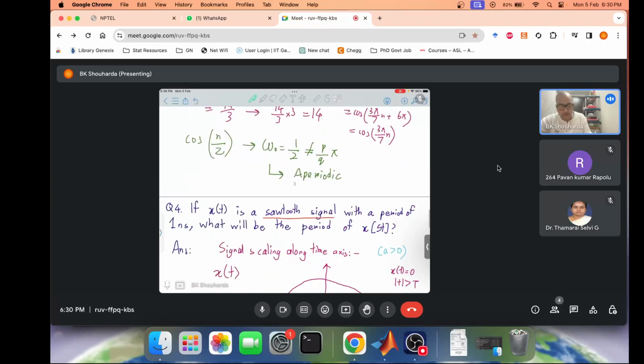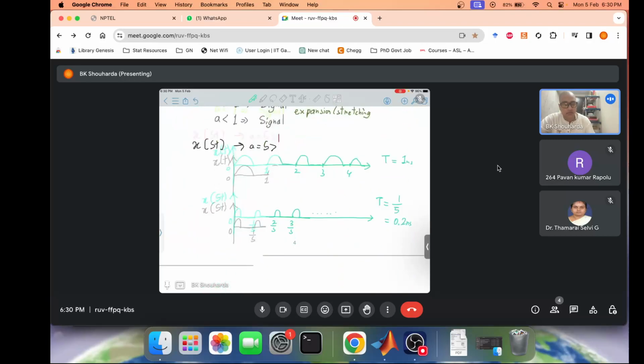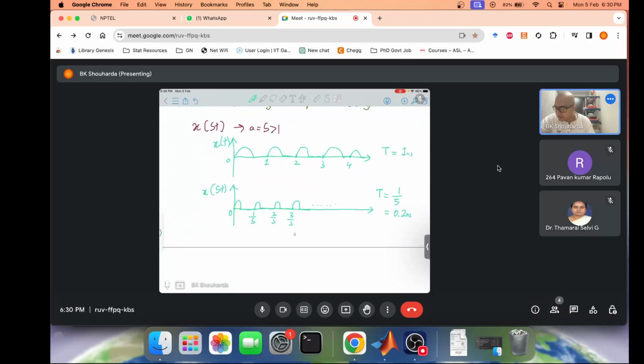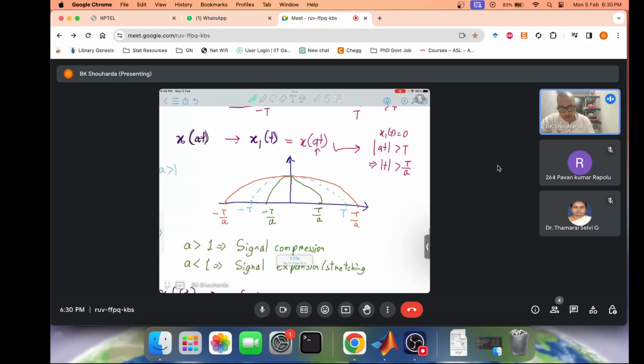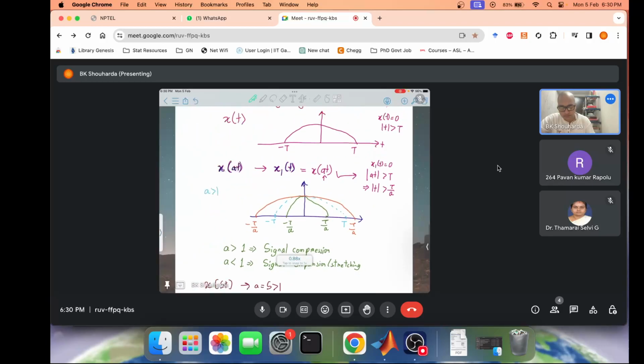So as you can very well see, the sawtooth signal was just a gimmick. The main thing lies in the period of the signal. Okay, so I hope this is clear and there are no doubts. Fine, and through this we have explained the signal scaling concept.